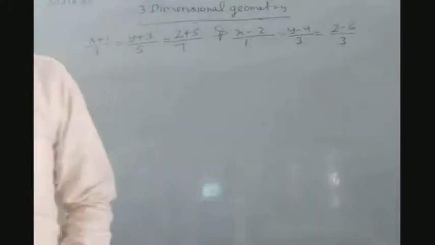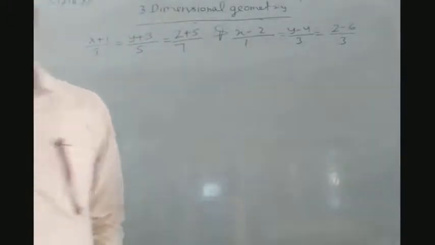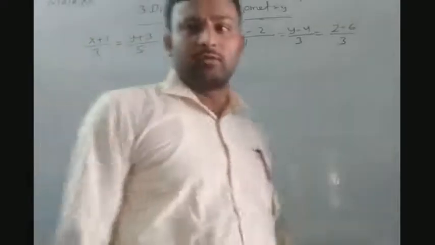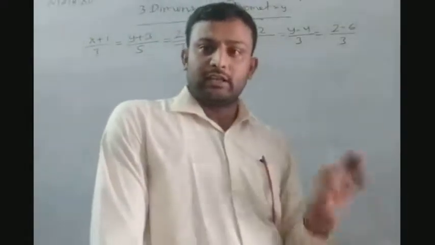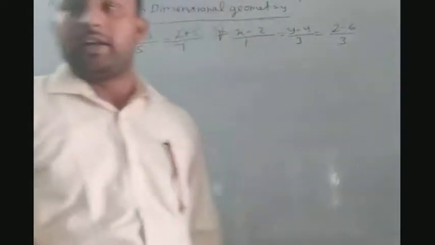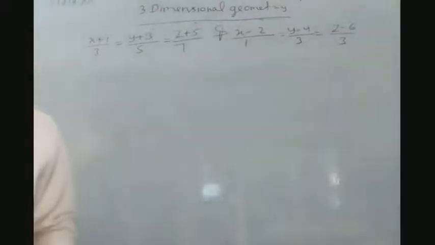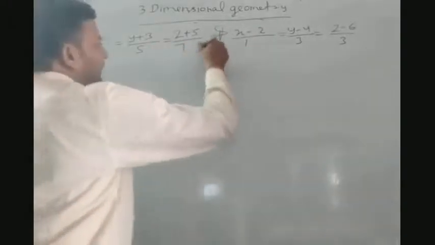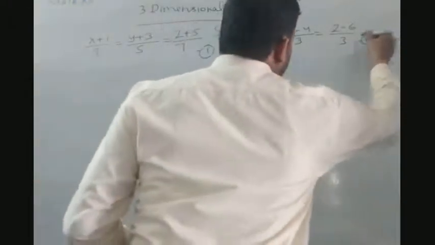If the two lines intersect each other, then there will be some intersection point. They will intersect at a single point. So let that point be P, which is (alpha, beta, gamma). Let this be the first line and this the second line.